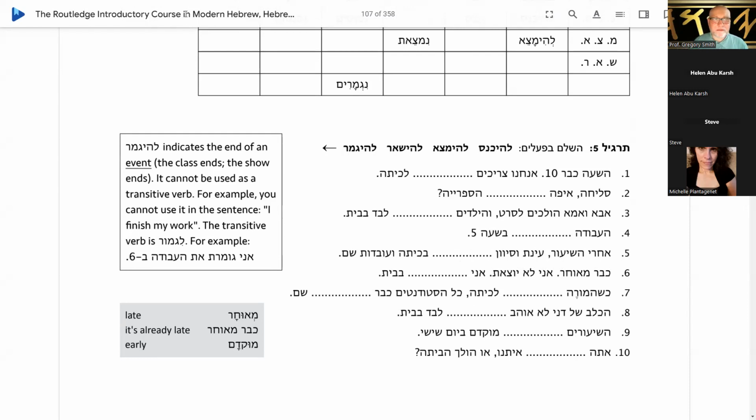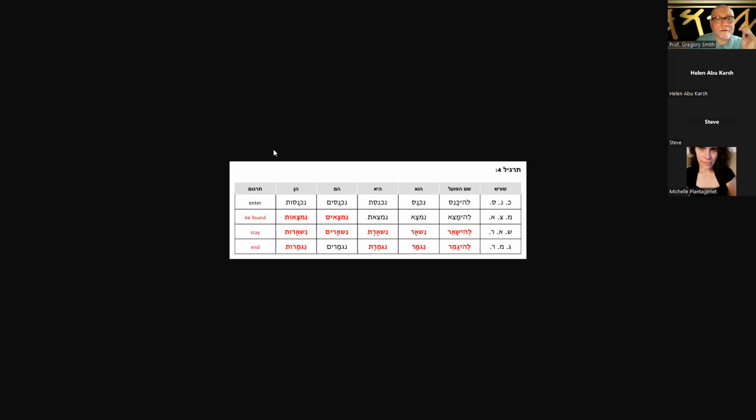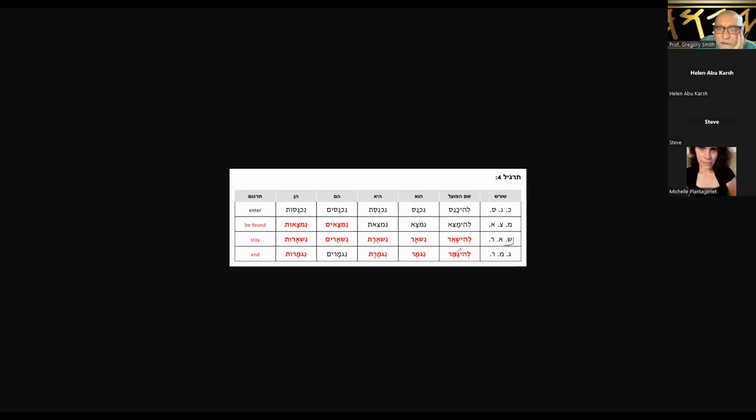So we're going to look for the them column in our little chart here. So this is the one that means stay. And there is hu, which means he. So it's not just talking about one guy, right? Hi means she. It's not talking about just one girl. So which one is it? It's going to be this one here, right? Them. So there it is.